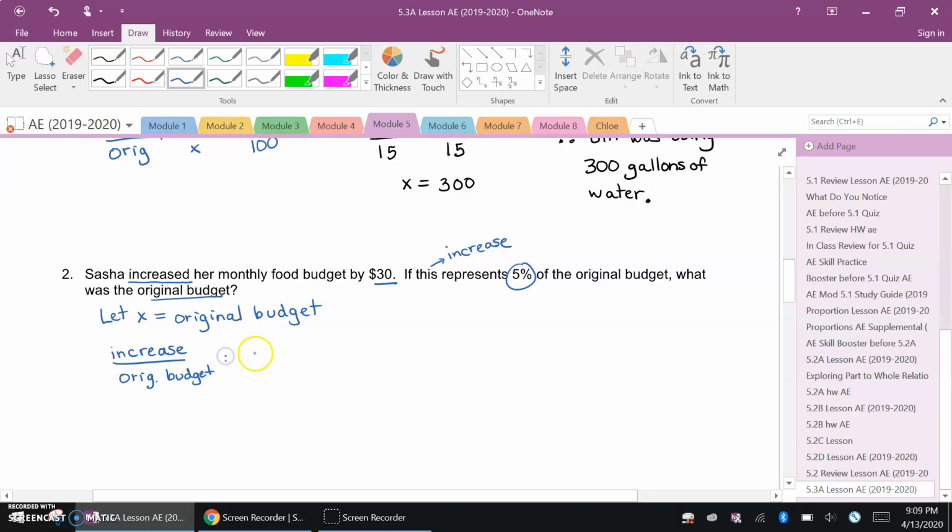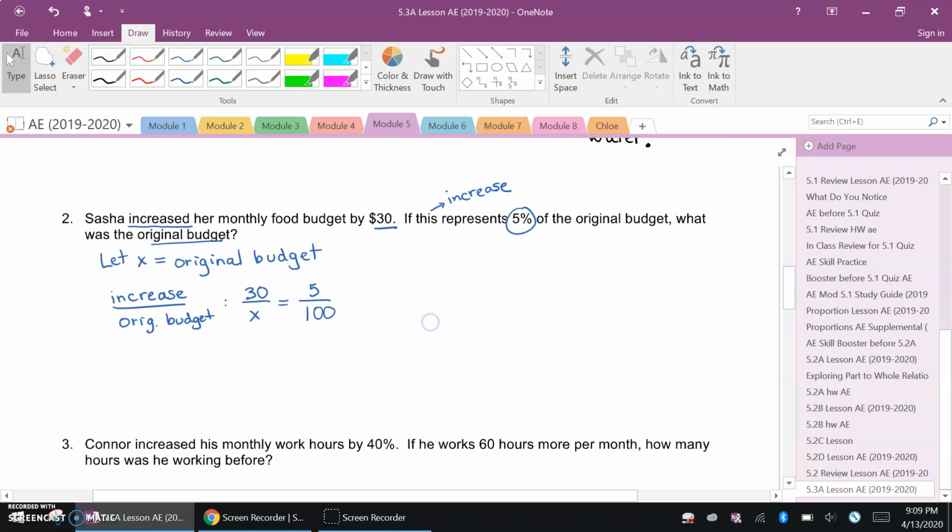And it is okay just to put original if you'd like to. It tells us that the increase actually was $30 and we don't know how much it was to begin with, and that was 5%. So percent being over 100. And now we're going to go ahead and cross multiply. Some of you like to circle them, which is totally fine. So you're going to circle on the diagonals.